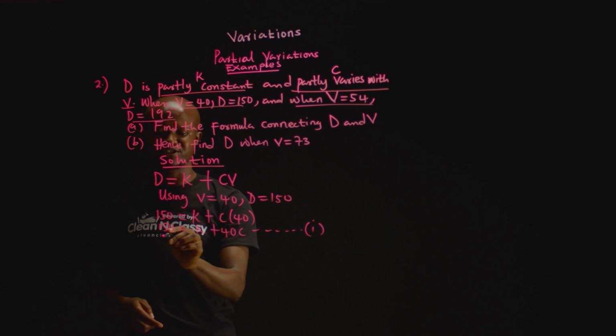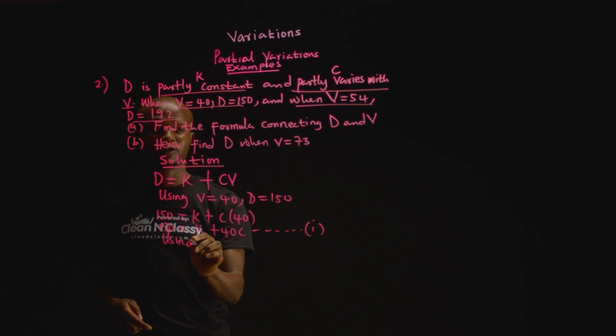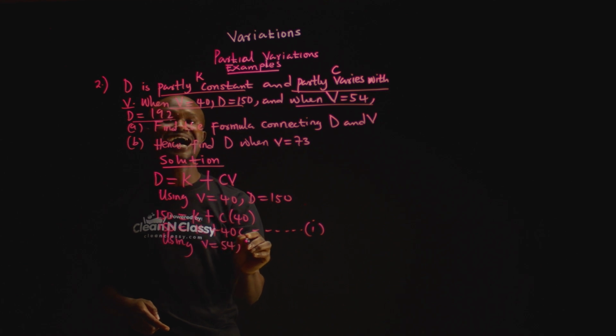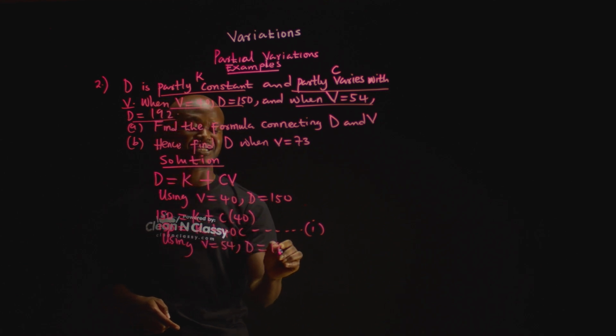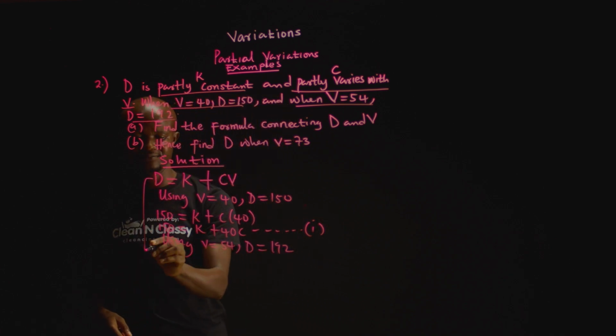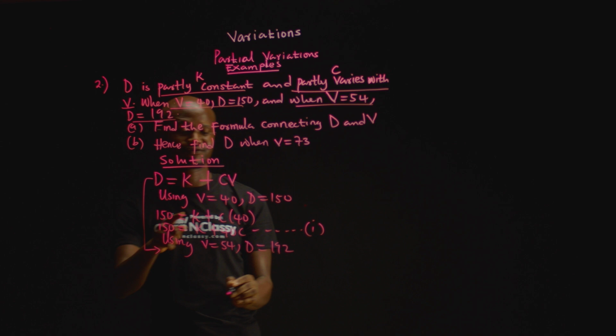We have used this. We need to use this now. So the next thing is using V equals 54 and D equals 192. Now we go back to the formula again.